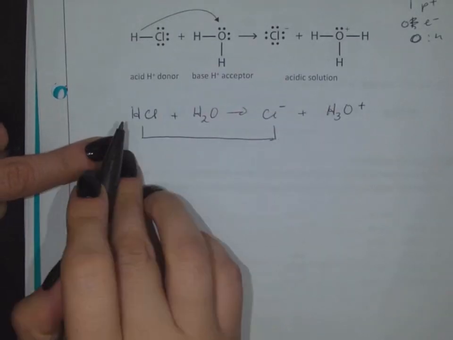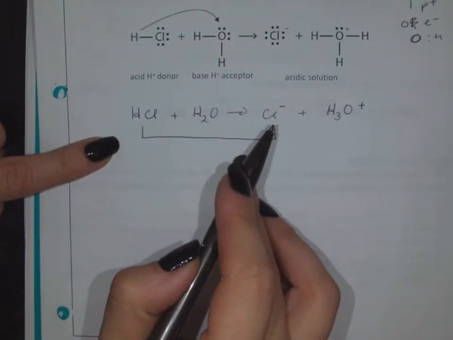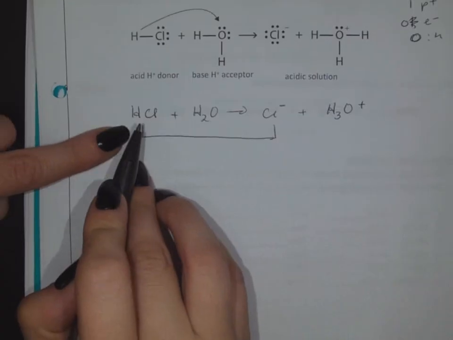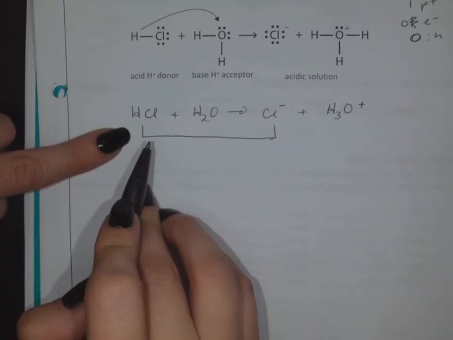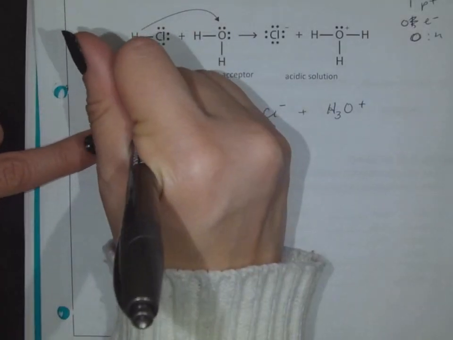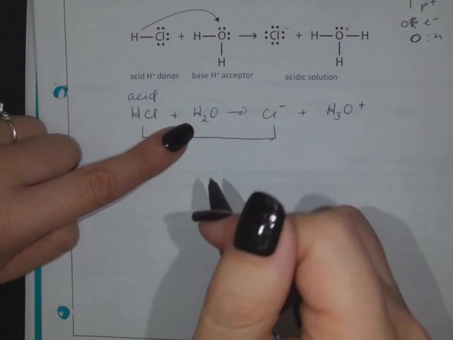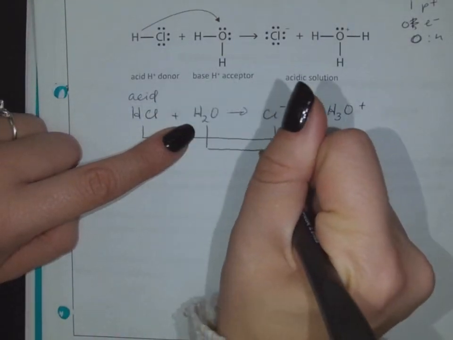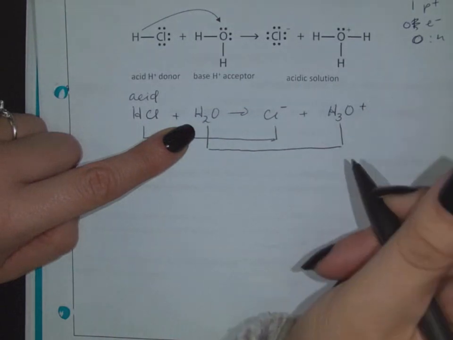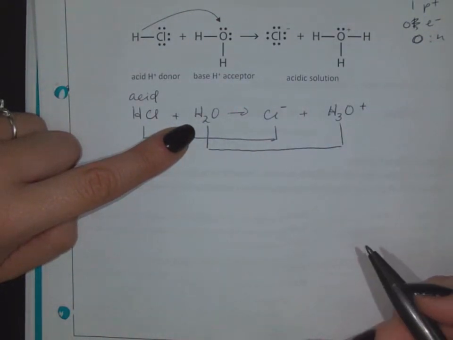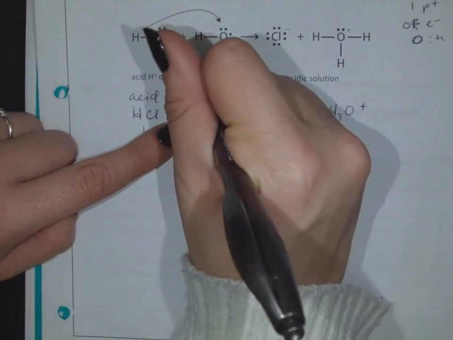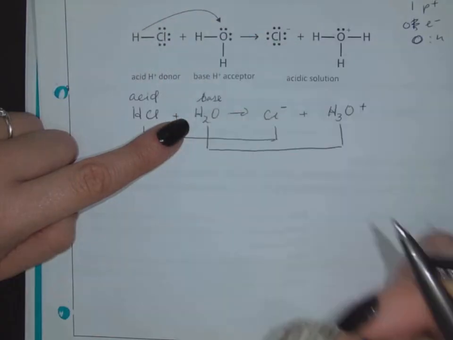Do you see how it turns into Cl-? So it's going to lose or donate a hydrogen. That makes this the acid. Water, on the other hand, the H2O, turns into H3O+. So it gains a hydrogen. So that means when something's going to gain a hydrogen, it's the base.